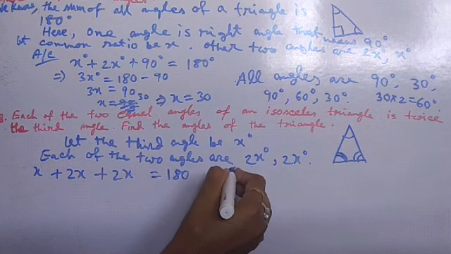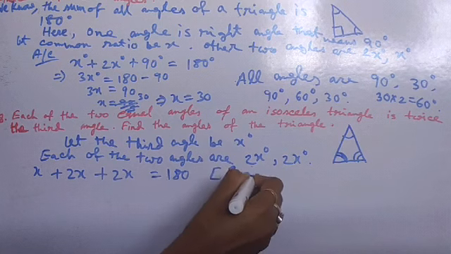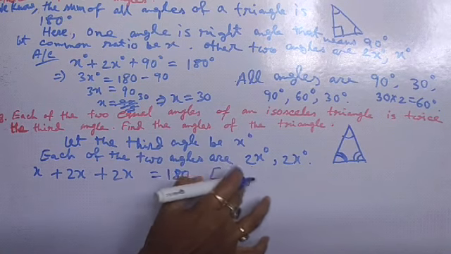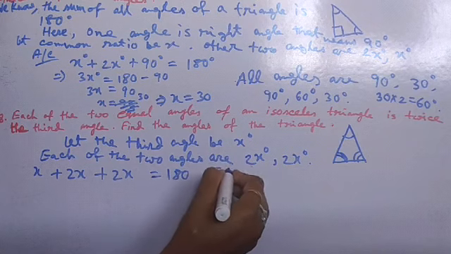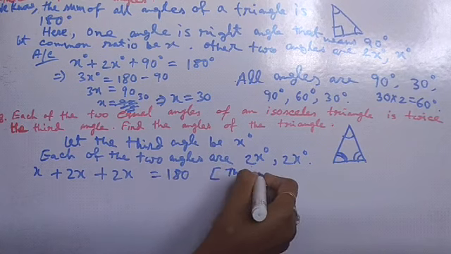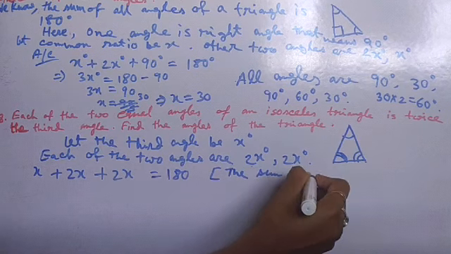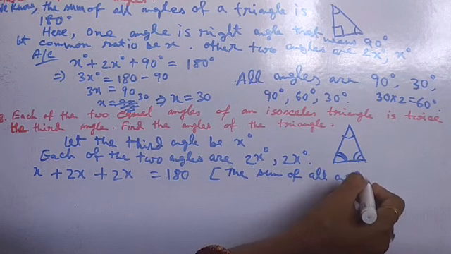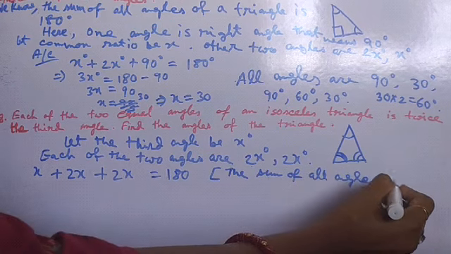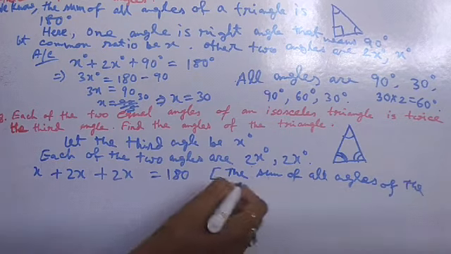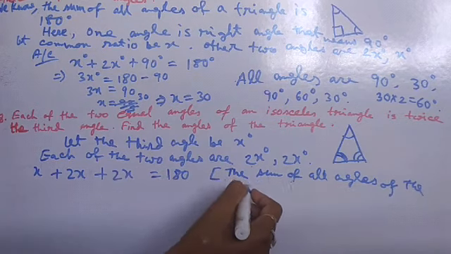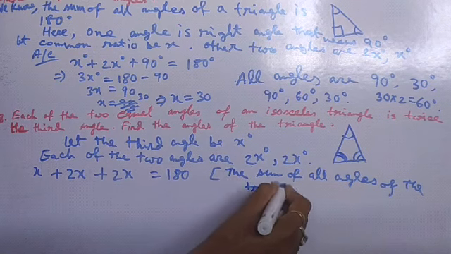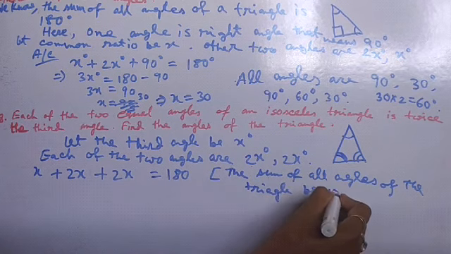That means the sum of all angles of the triangle is 180 degree.